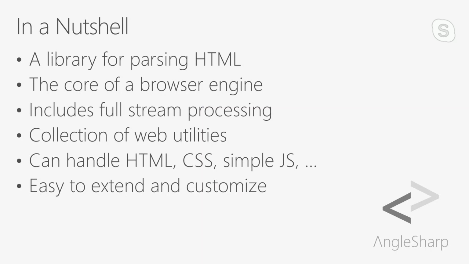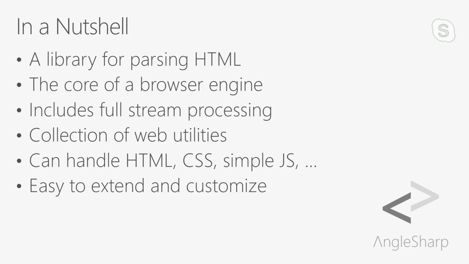But also, for instance, we have our own URL parser. That's just because the URI type in .NET unfortunately is not capable of parsing all the valid URLs that are out there. This URL parsing that we included follows the specification by the heart, and therefore can handle all the cases.